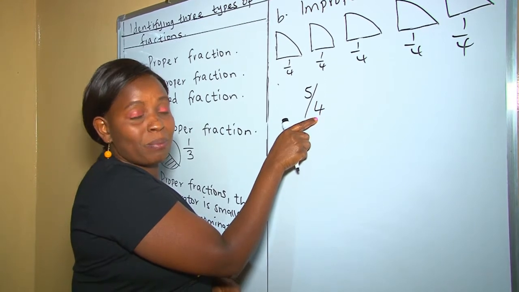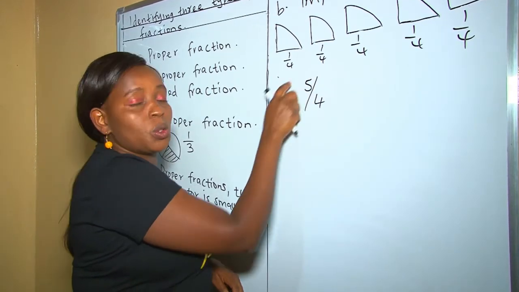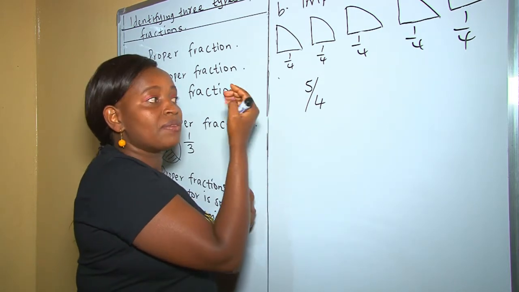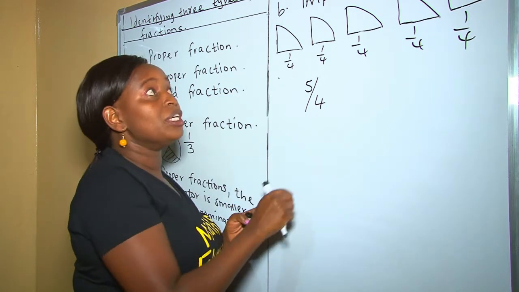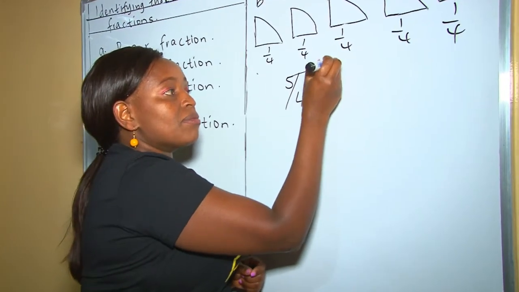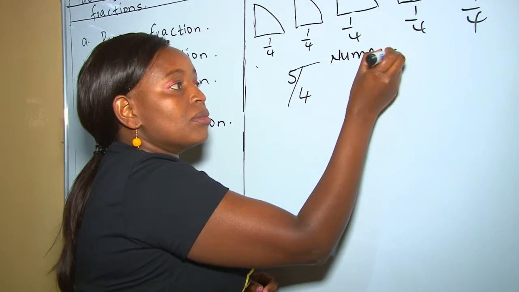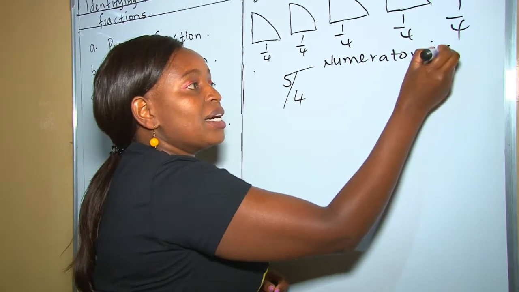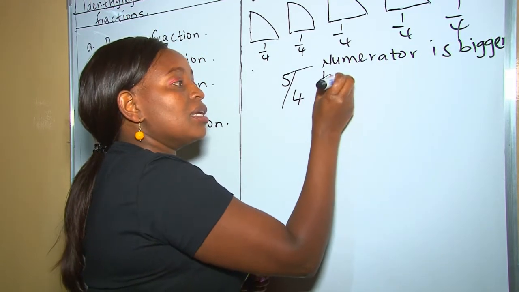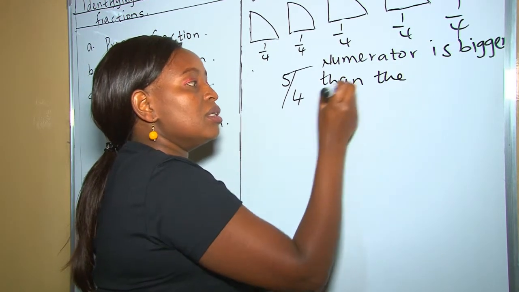Any fraction whereby the number on top is bigger than the number at the bottom is called improper fraction because our numerator is bigger than the denominator.